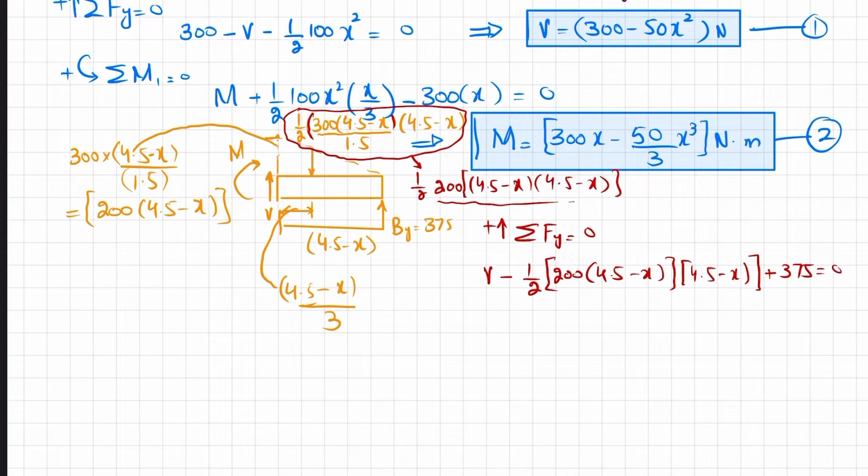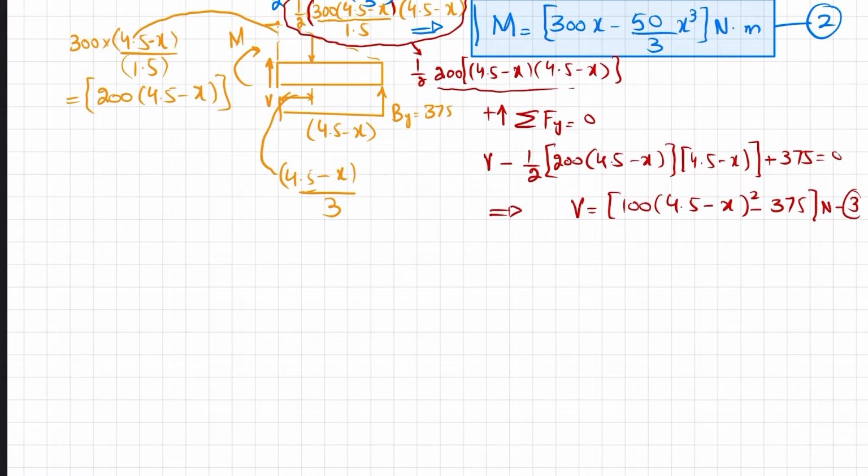Their sum must be equal to 0. So when you simplify it, you will get V is equal to 100 times (4.5 minus x) squared minus 375, and the unit will be in Newton. So this is your equation number 3.